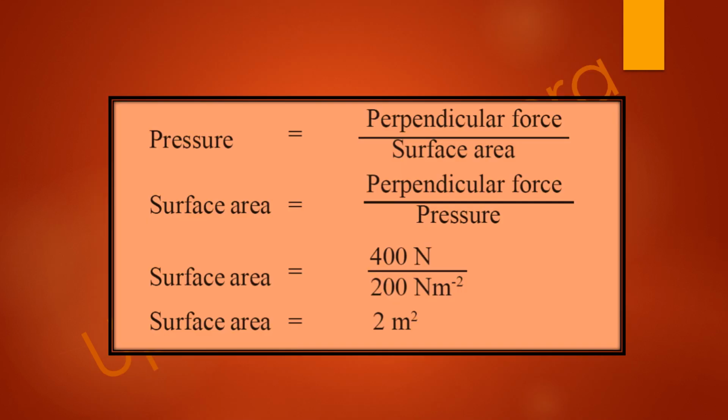Then pressure equals perpendicular force divided by surface area. Then you can change the subject to surface area. Then surface area equals perpendicular force divided by pressure. Then 400 newtons should be divided by 200 newtons per square meter. Then the surface area is 2 square meters.